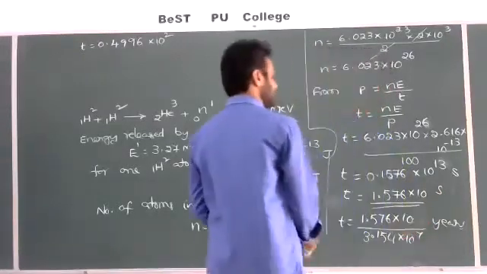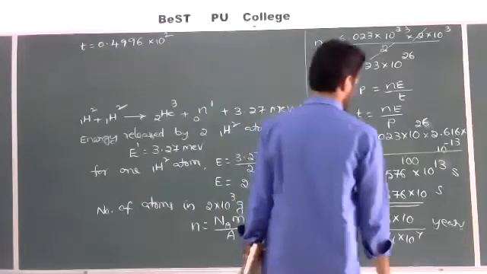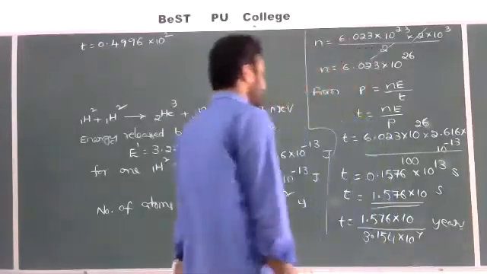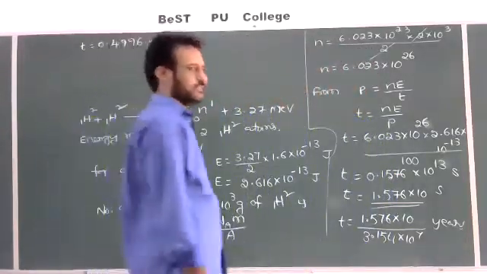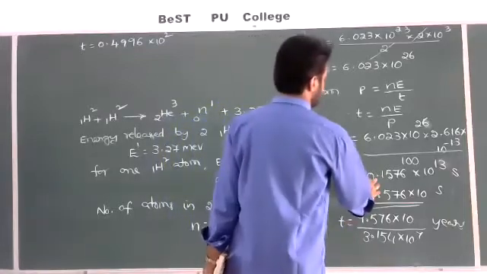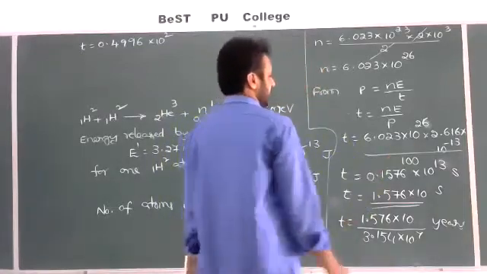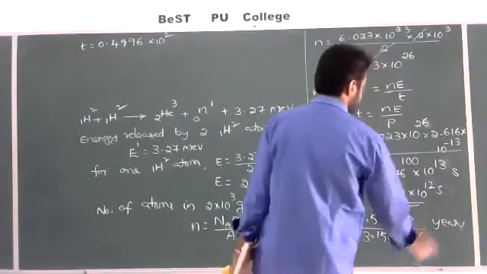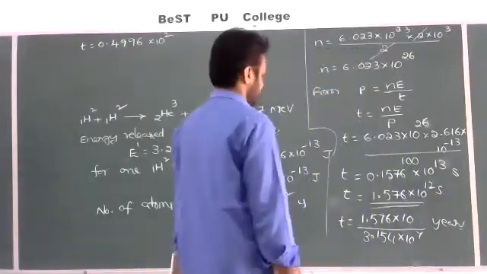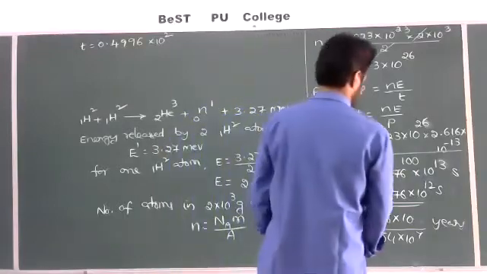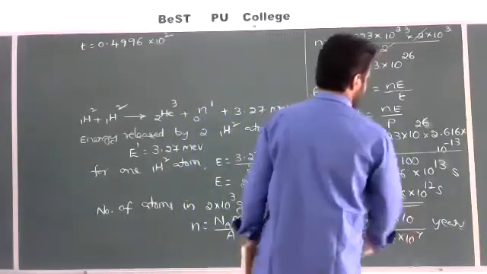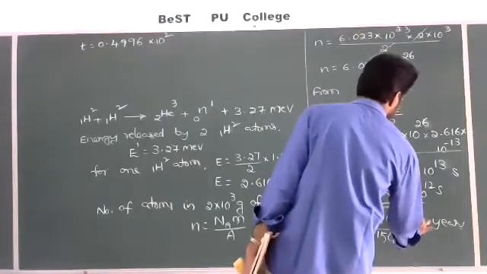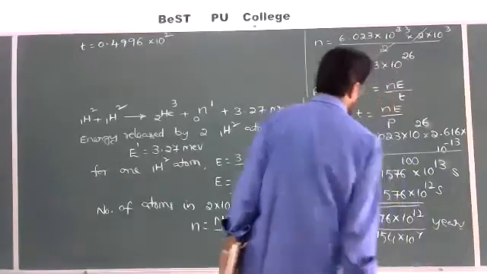Here also if you adjust one digit to the right side, you will get 10 power 12. So 10 power 12, and here 12 minus 7 is 5.